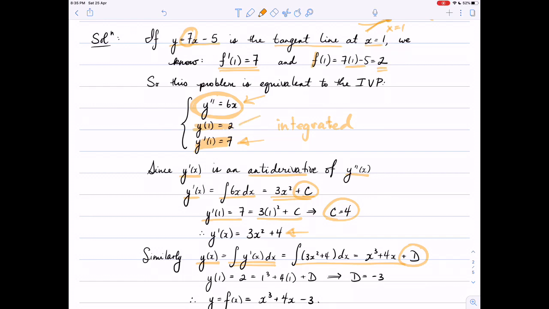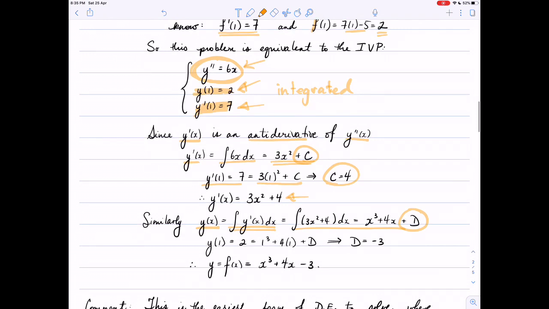Luckily, we have one more condition to plug in, and if we plug in that y of 1 is equal to 2, that's enough to solve that d is equal to minus 3. So we have here the original function. That was our unknown function that is now solved for.